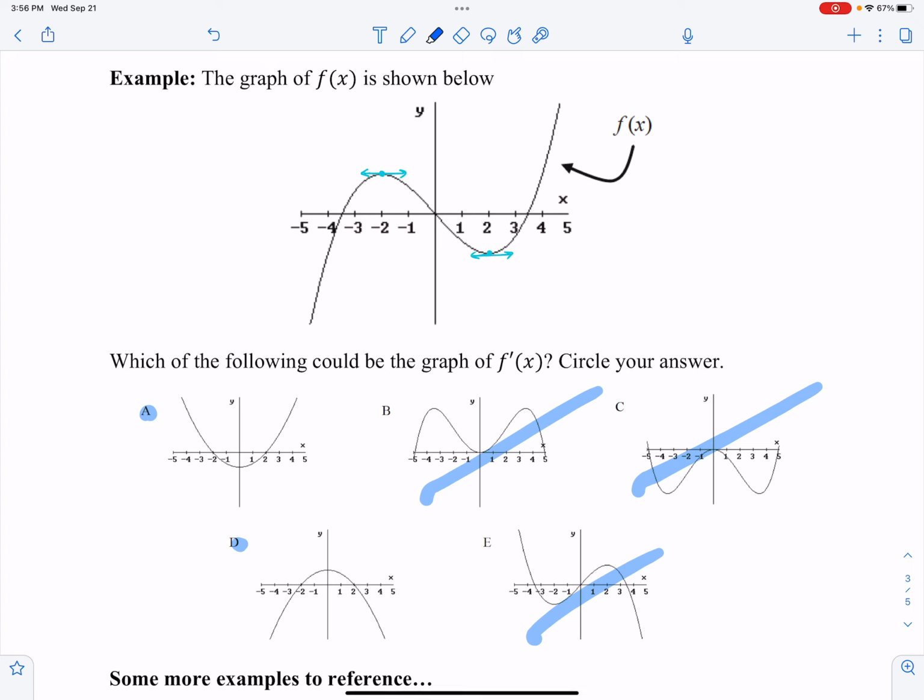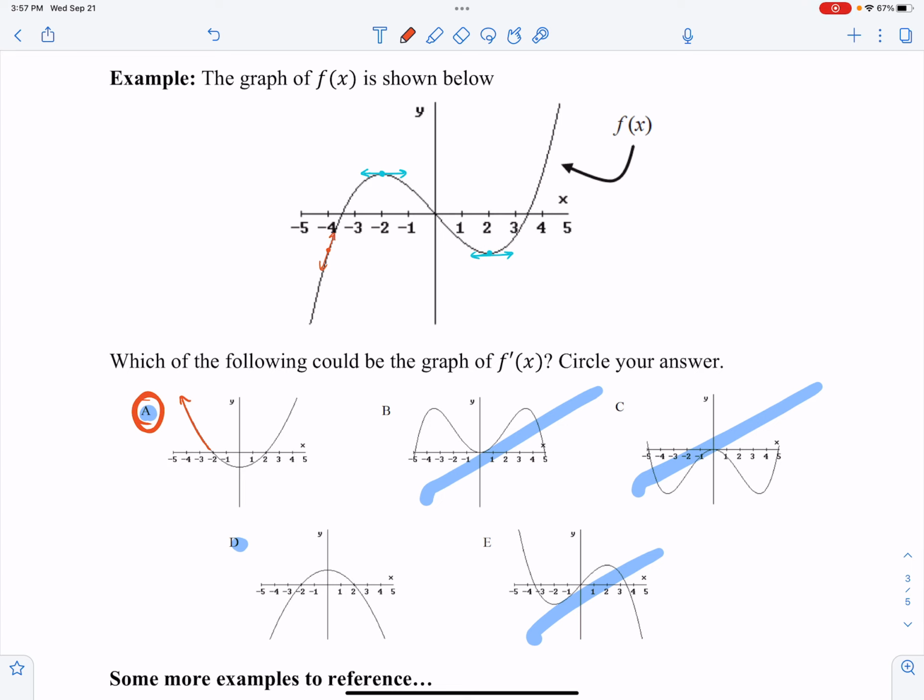So then we look to the left of -2, and we would have positive sloping tangent lines to the left of -2, meaning f prime would be positive. Well, that's only the graph in A, right? F prime is positive to the left of -2.